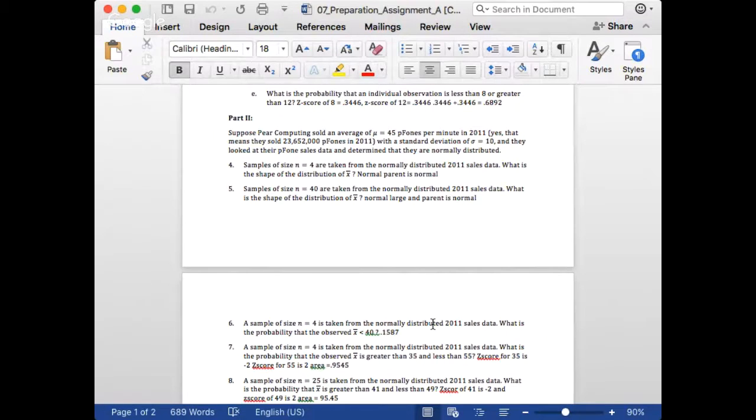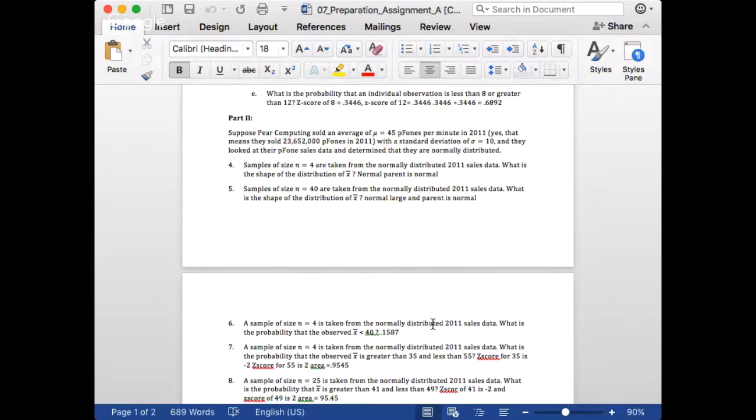Basically we're finding the sample z-score like we did in question 6, where it was the value we're looking for minus the mean over the standard deviation. If you remember from sampling distributions, the standard deviation of the sample mean is always the population standard deviation over the square root of the sample size.